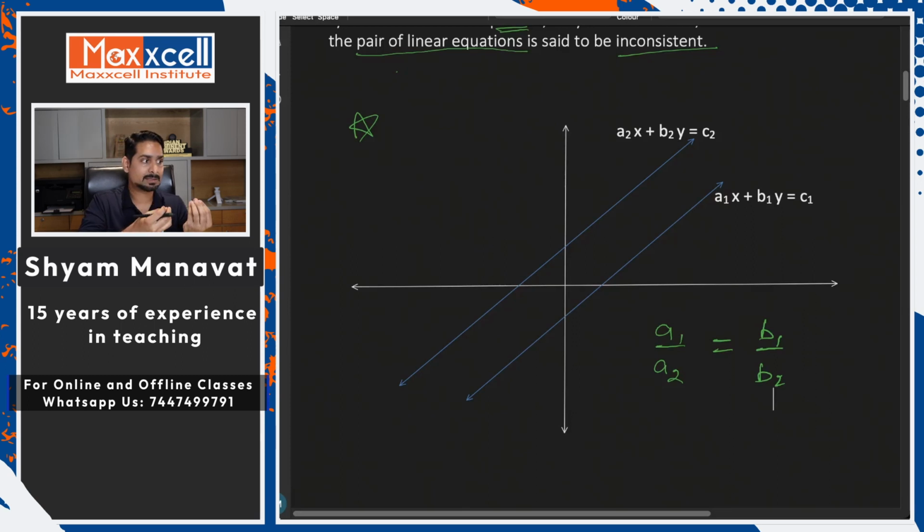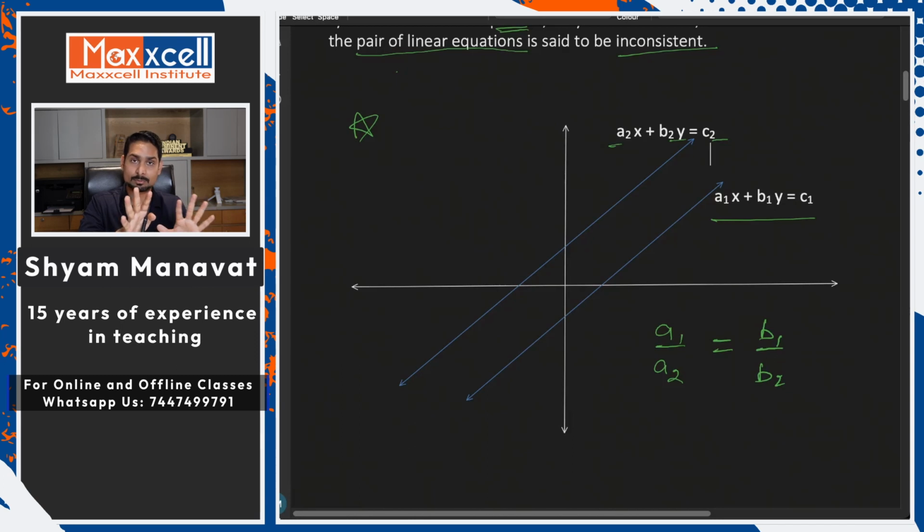The 1 is because of the first line and the 2 because of the second line. Keep it simple: a is the coefficient of x, b the coefficient of y, and c is the constant. That's how we have assumed it for years. Even if you look at your 10th standard textbook, you will find the same a1, a2. So that's why we are using it.